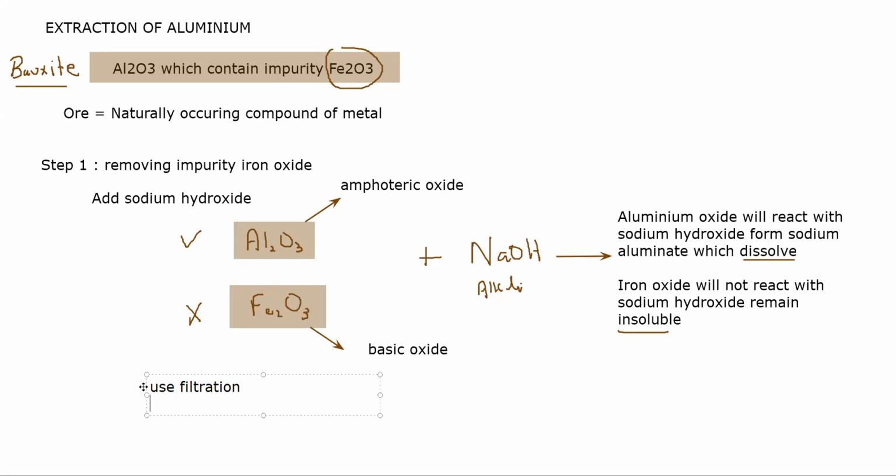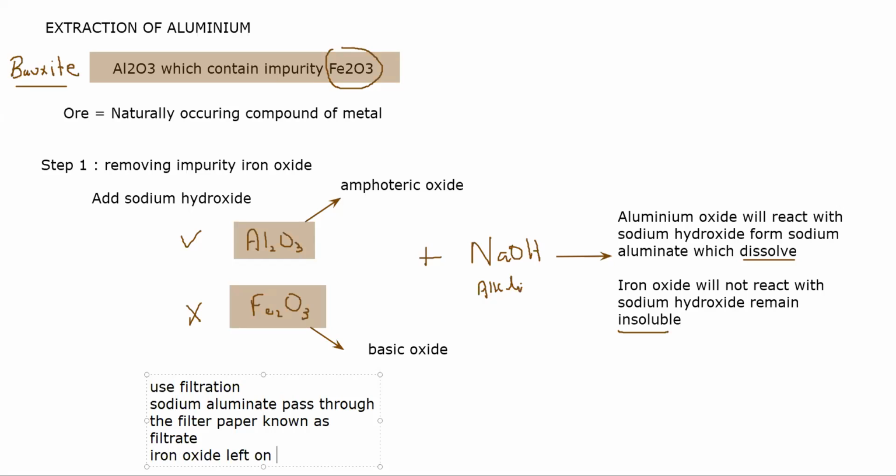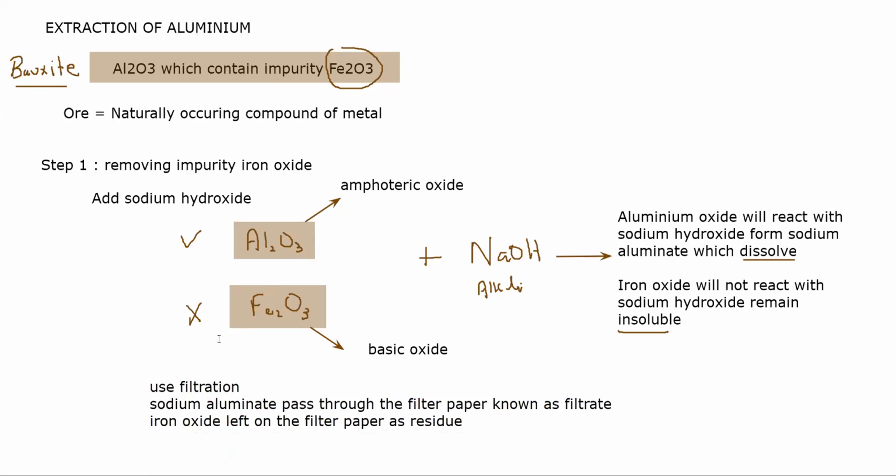When we use filtration, the sodium aluminate passes through the filter paper, known as the filtrate, and iron oxide is left on the filter paper as residue.